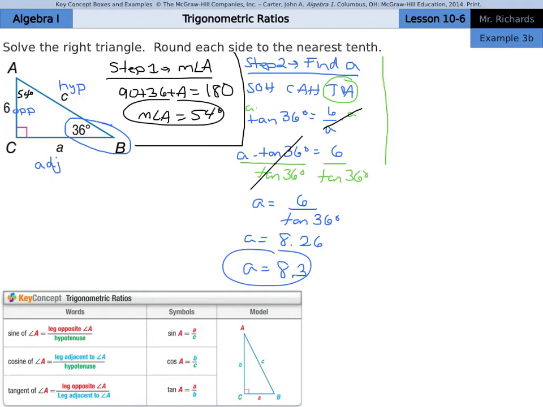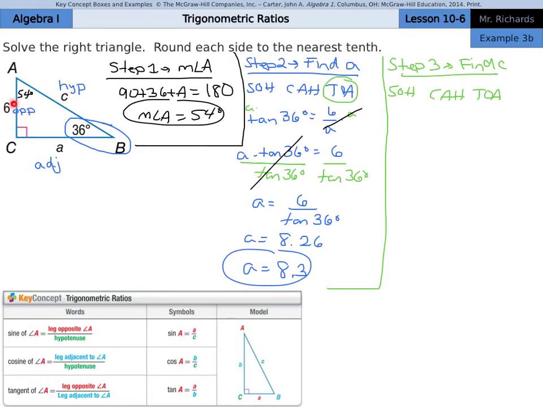We have one more missing side here, and so we need to find C. And I'll once again write my SOH CAH TOA, and if you haven't memorized it yet, you will soon. And so if I'm using angle B, once again, I'm looking for the hypotenuse, and I'm given the opposite.